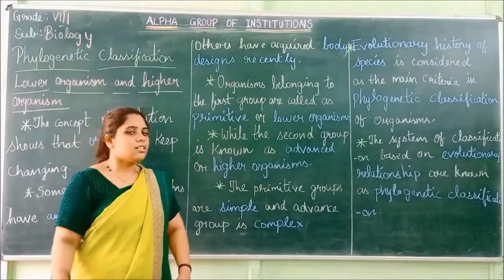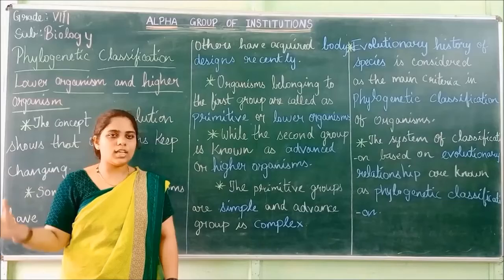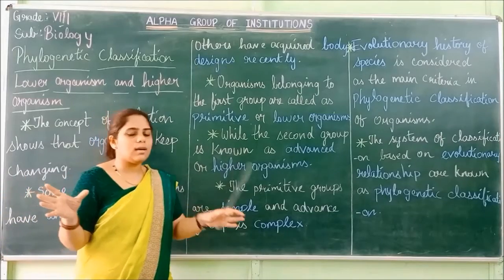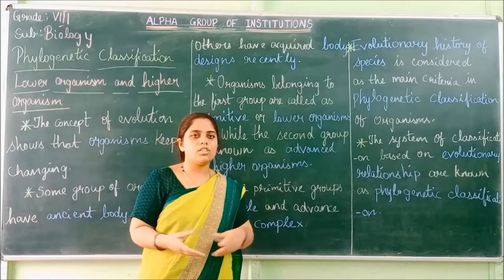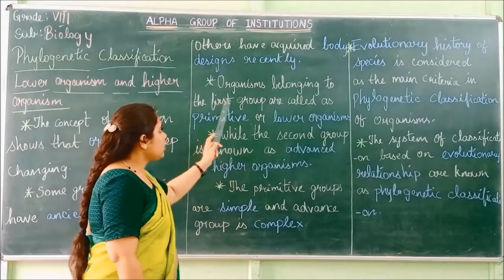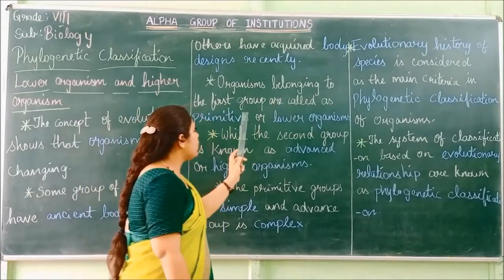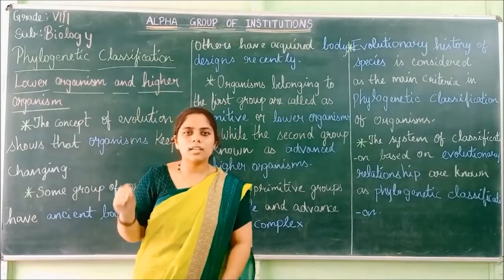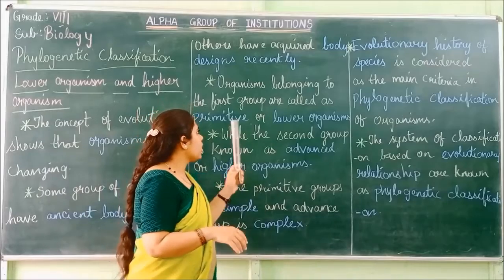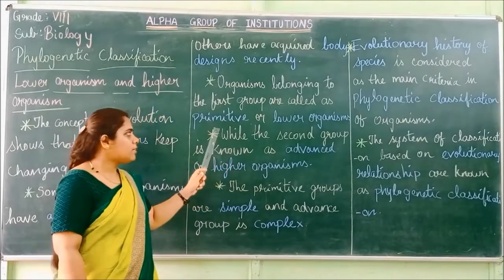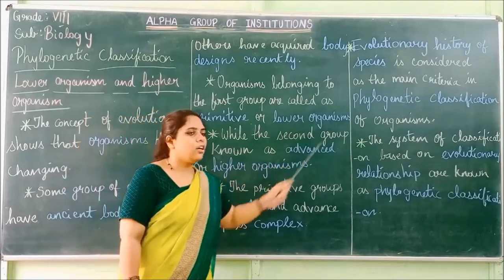So some organisms remain without change and are primitive, and some organisms have recently changed. Organisms belonging to the first group, that is, organisms which do not have any change from the early period itself, are called primitive or lower organisms.